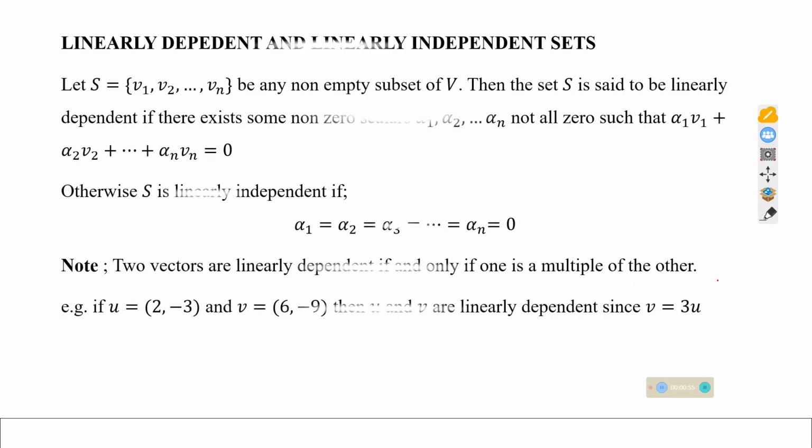So without wasting time, let us get started. We shall be talking about linearly dependent and linearly independent sets.